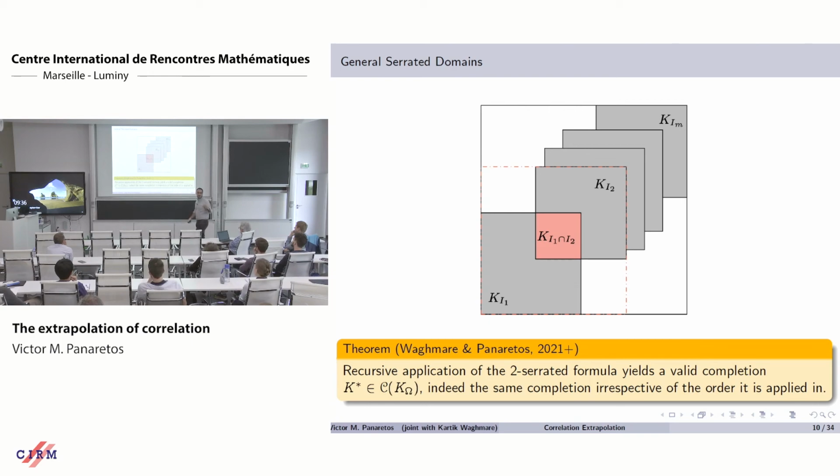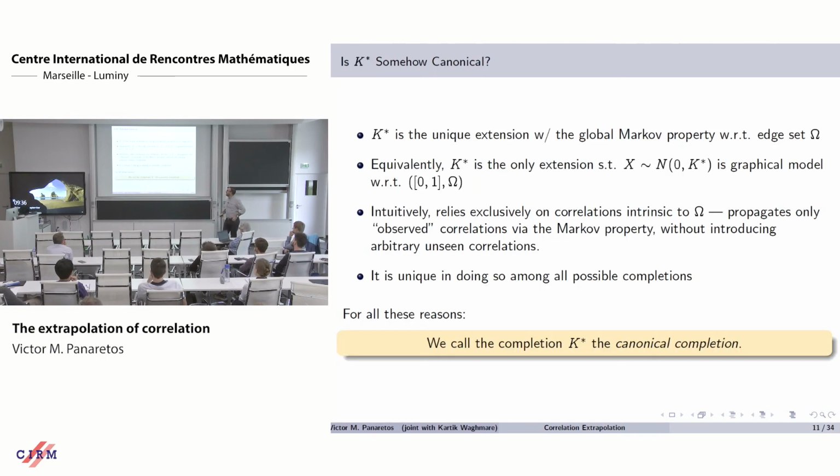So you might actually ask, is there anything canonical about this method of completion? I would have to really go into definitions and I don't have the time, but it is canonical, and the very first statement is really a theorem. It's non-trivial.